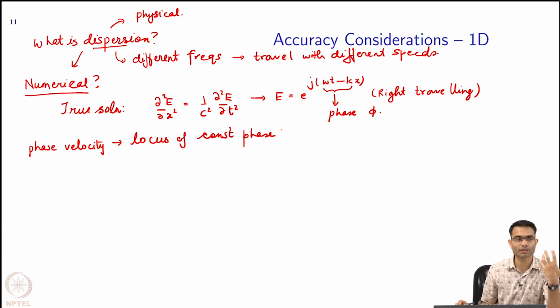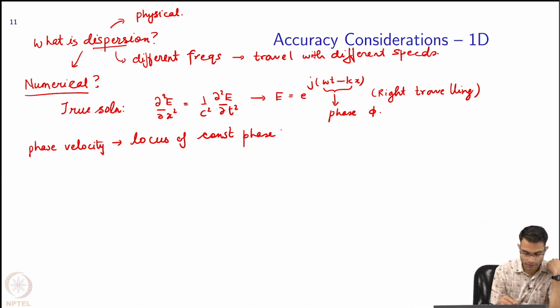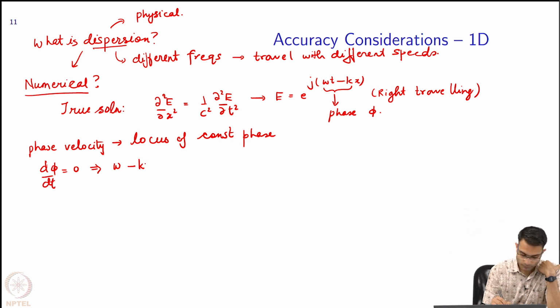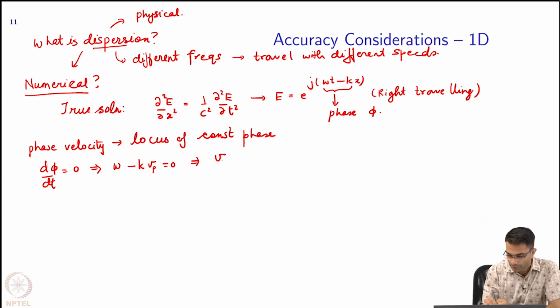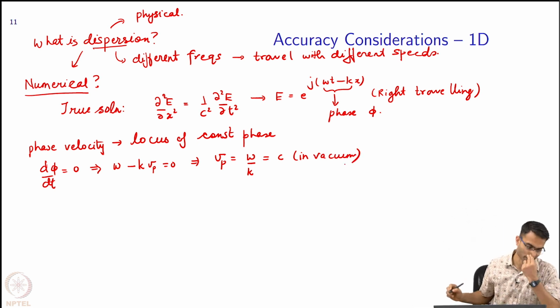Constant phase means phase should not change with time, right. So, I will do d phi by dt equal to 0. That gives me, the first term gives me omega and minus k dx by dt, I will call it V phase, is equal to 0. That gives me V phase is equal to omega by k, and I know that this is going to be equal to C in vacuum. We know this already.